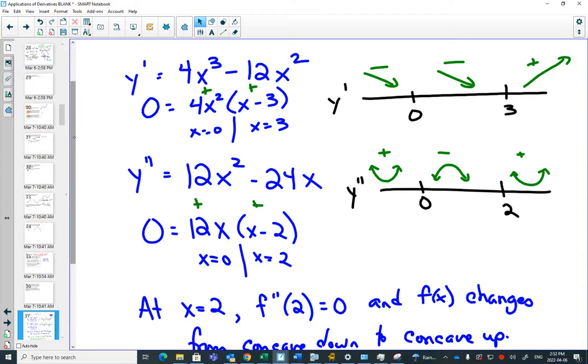Well, the stationary point, it is equal to 0, so we can't just say the first derivative is also 0. We have to say it changes sign. So even though the first derivative is 0 here, it doesn't change sign from the left side to the right side of it. So it's still an inflection point, and it's a special kind of inflection point. It's a stationary point of inflection.